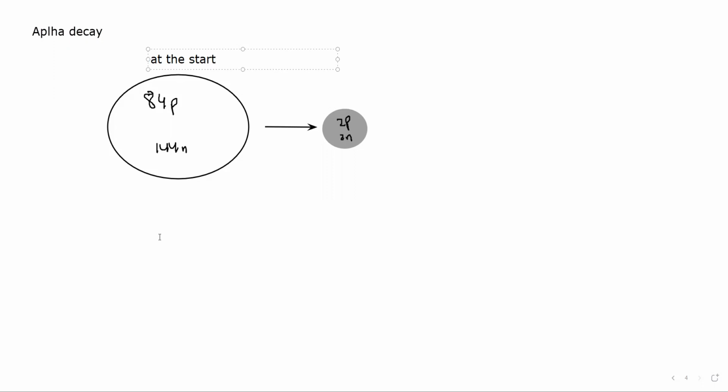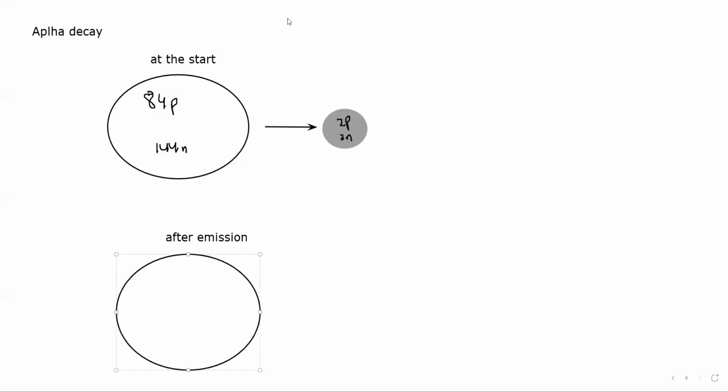After emission, how many protons will be left? Because 2 are released, 82. How many neutrons will be left? 142.